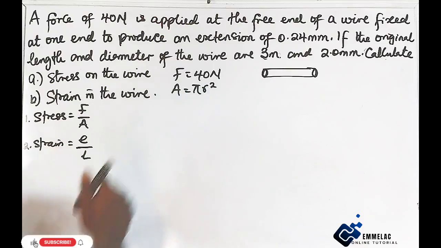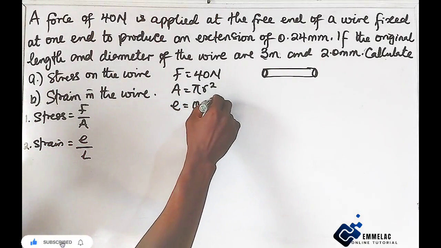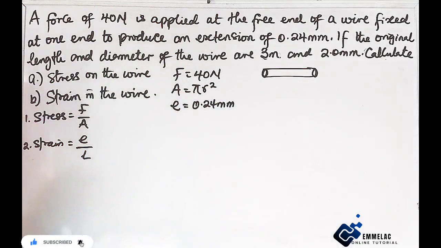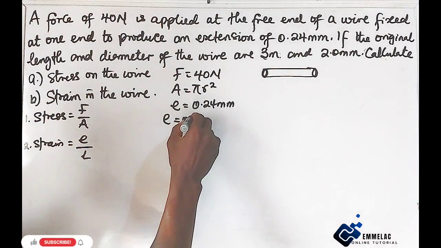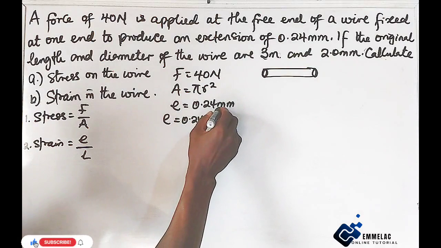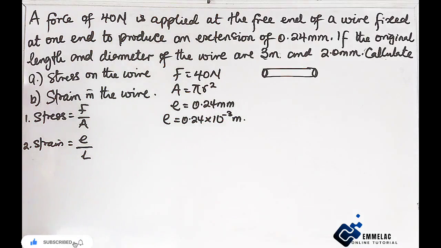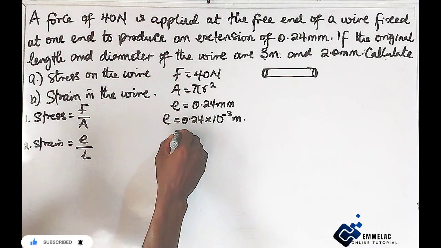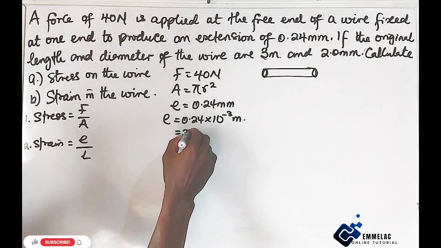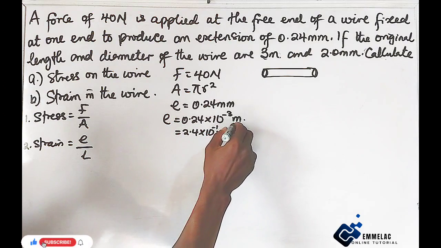Now we are given an extension e, which is 0.24 millimeter. We have to convert this to meter, and by so doing, the extension will be 0.24 times milli, which implies 10 raised to the power of minus 3. Let's put this in the right index form: that will be 2.4 times 10 raised to the power minus 1 times 10 raised to the power minus 3 meter.